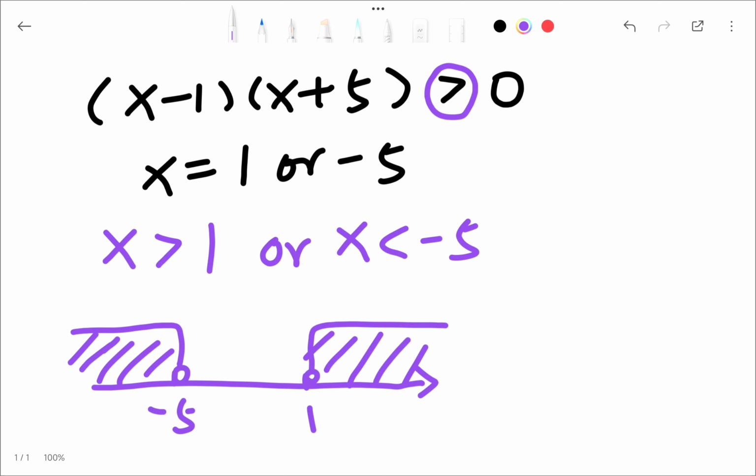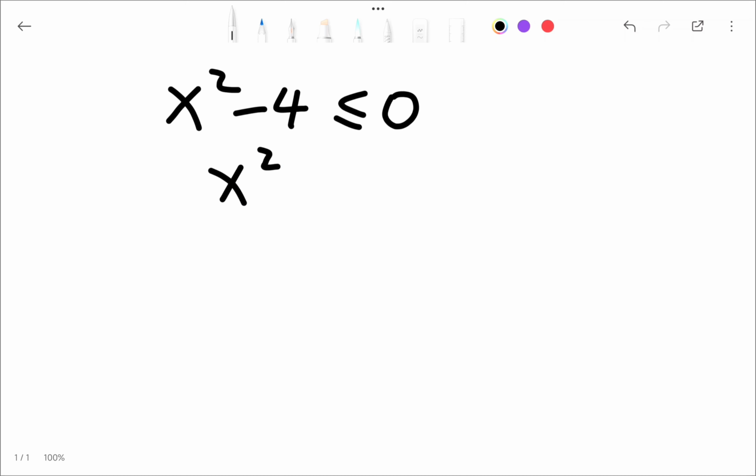All right, now let's have a look at another example. Again, let's treat this as an equation. And we need to take the square root on both sides.